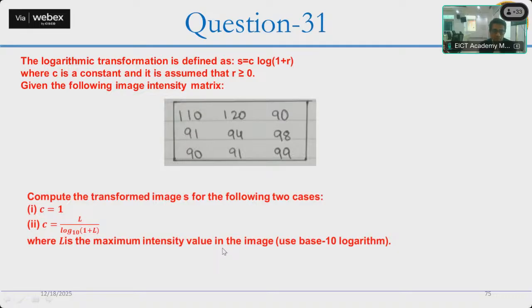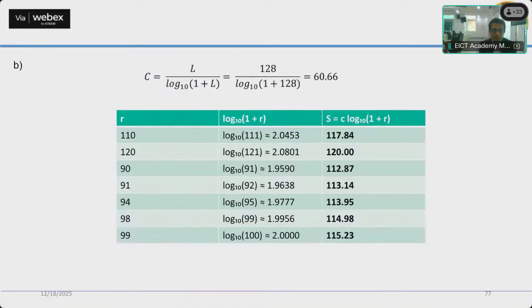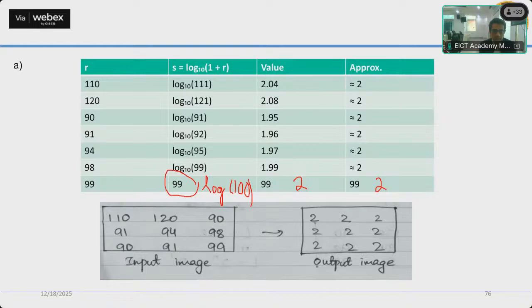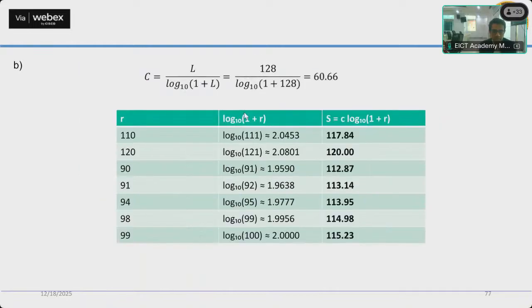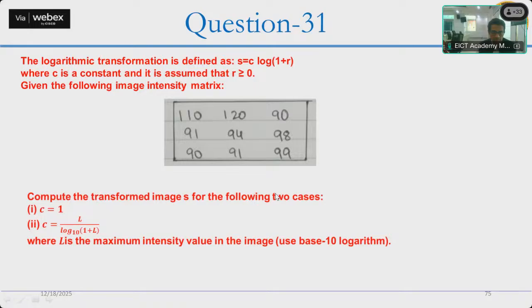So when we are taking the maximum intensity value, it has been taken as 128, and C is 60.6. Have you understood it? See why L is the maximum intensity value, 128 is not there.